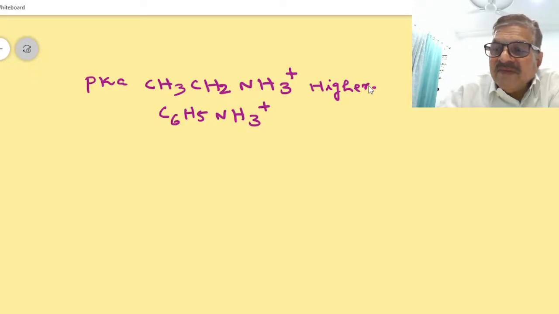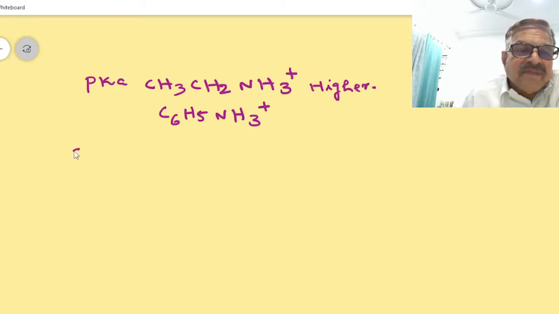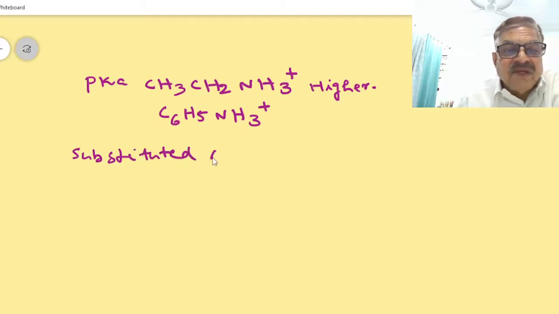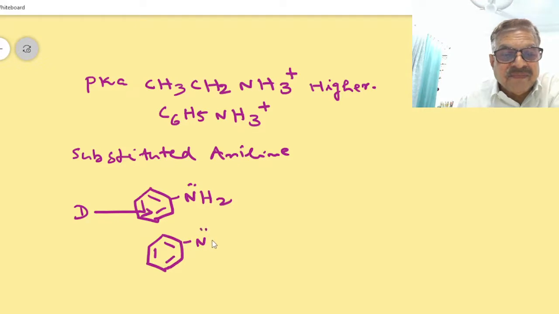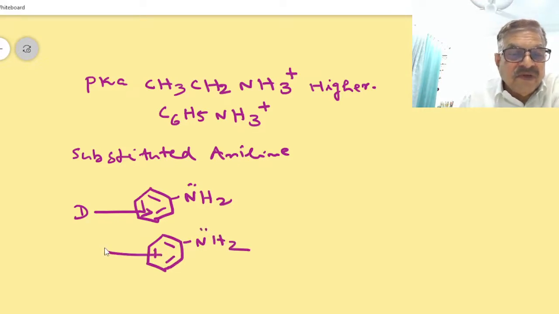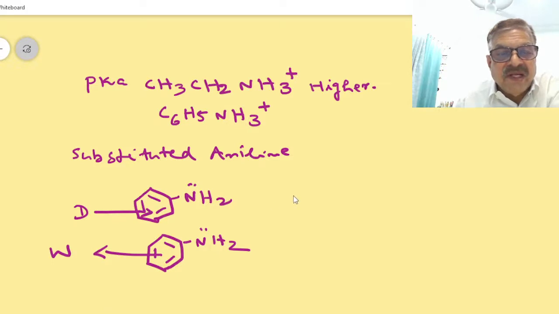Now here, if you see substituted anilines, that means this is our aniline and we have a group here. The substitution can be either an electron donating group or an electron withdrawing group. So what will be the nature of the basicity here? W is the electron withdrawing group, and D is the electron donating group.